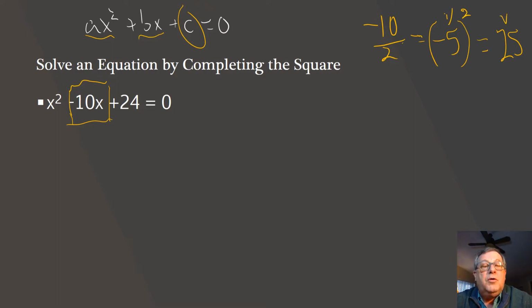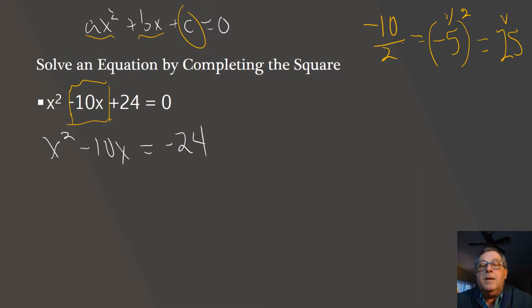And then we're going to move this positive 24, the constant, across the equality, which means that we change the sign. So then we're going to have x squared minus 10x equals negative 24. And now we're going to take this step of completing the square.